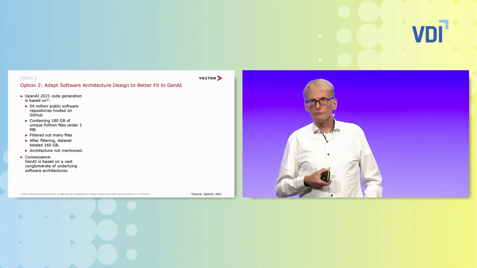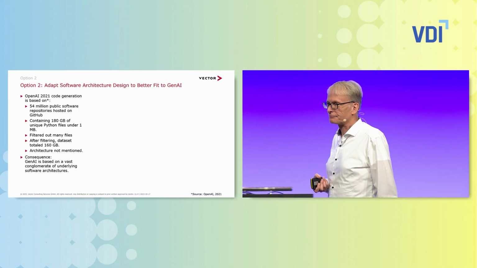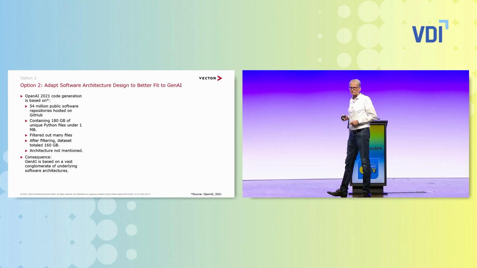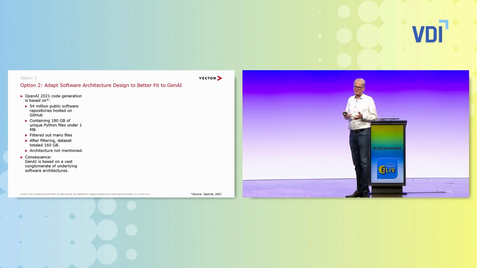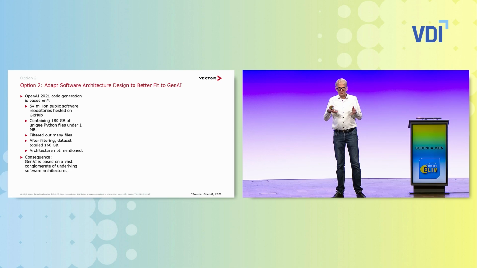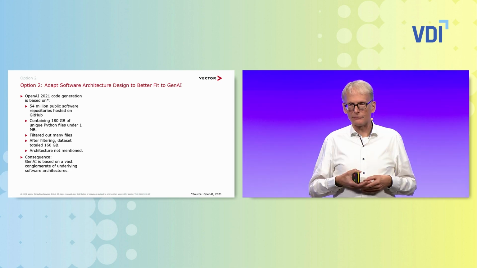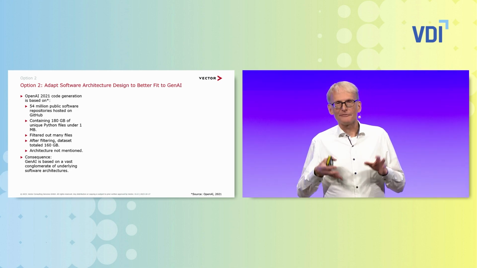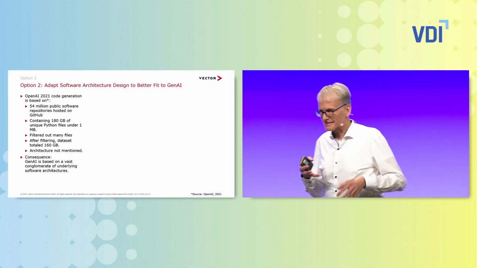But now let's have a look at the software architecture. The software architecture is really something that needs consideration. If you look at the original paper of OpenAI, how they started it all, they described what the database is.